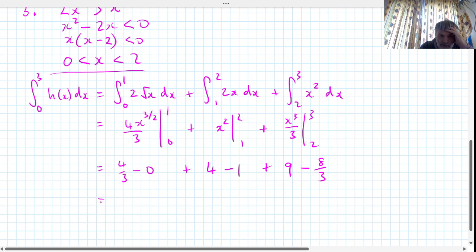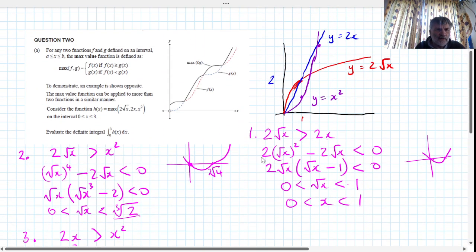So that is 4 minus 1 is 3, plus 9 is 12, and then it'll be minus 4 over 3, so that's 10 and 2/3, or 32 over 3. So that's part A.